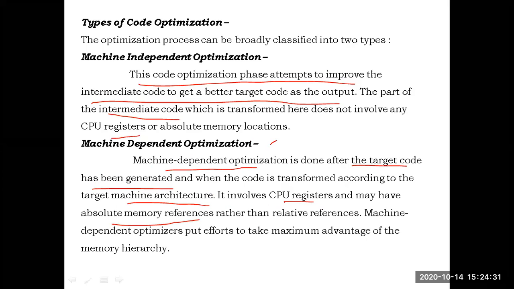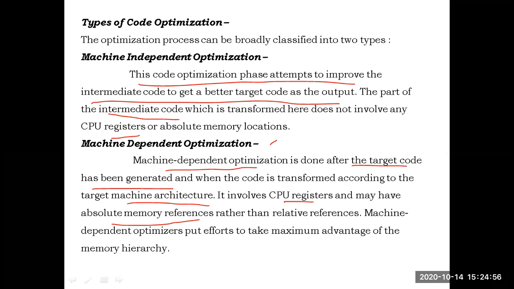That is the thing, machine independent optimization and machine dependent optimization. The machine independent optimization is performed on the intermediate code. Machine dependent optimization is performed on the target code. After the target code is generated, the machine dependent optimization will be performed by considering the machine architecture. That means instruction sets, registers, addressing modes, and everything.